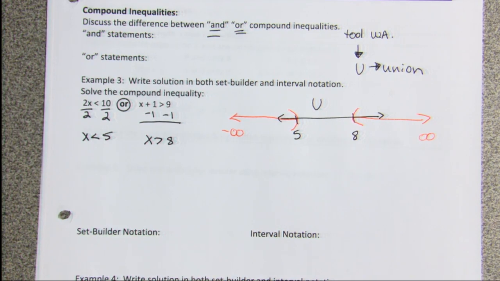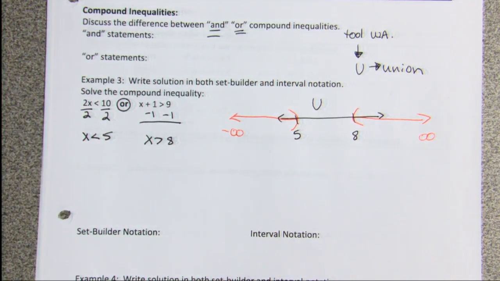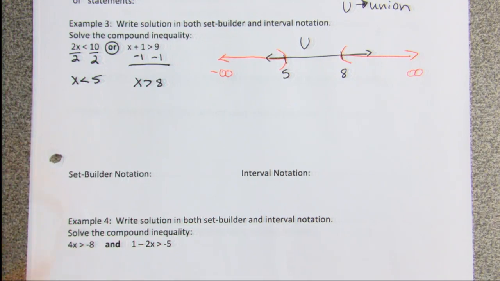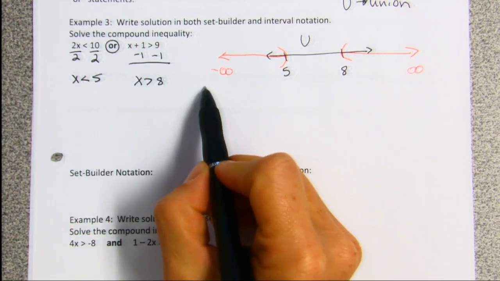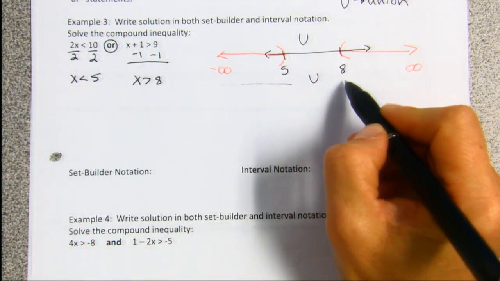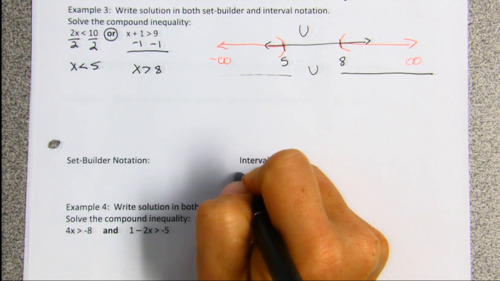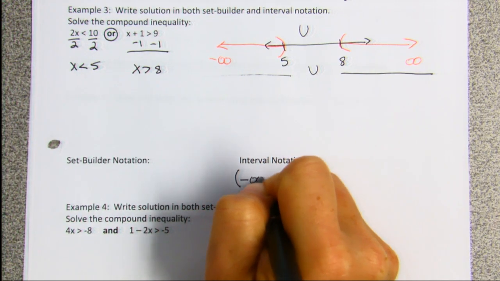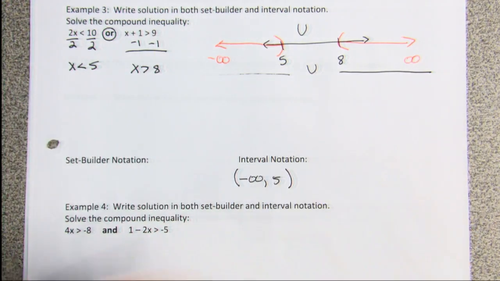So we're actually having 2 interval notations. I'm going to go to interval notation first, since we're working with interval notation mostly anyways, and I'll show you set builder. So we read left to right, and we have to have our union in between the 2. We have a soft bracket, negative infinity, comma 5, and we said there was a soft bracket for that.